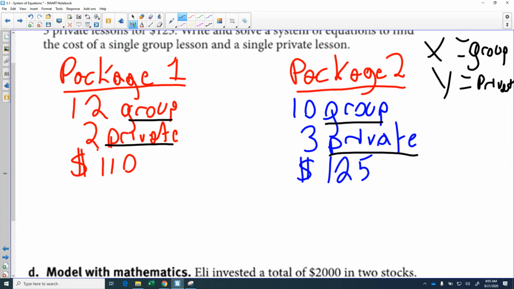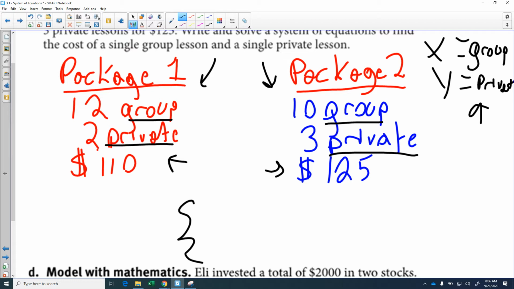Now, knowing that, I can start developing an equation based off each of these. And this is where it gets fairly straightforward. I've already have it organized. I just need to create 2 different equations. So if I want to create a system, I just have to follow 3 different aspects: what I'm given in each of these packages, these values here, and then my actual totals given here. So let's go ahead and actually apply this.